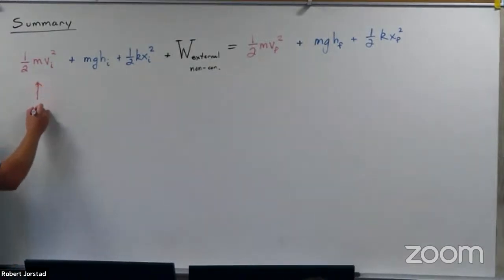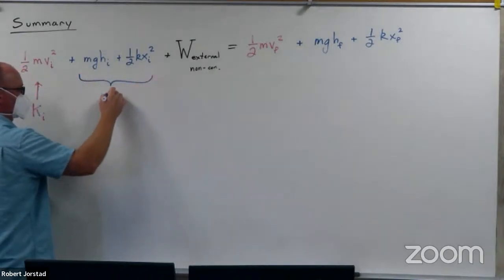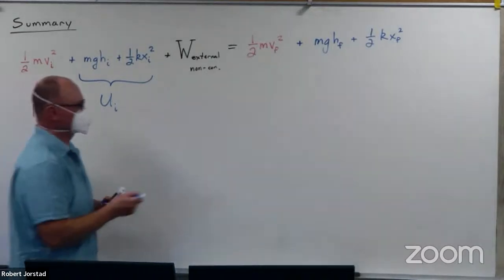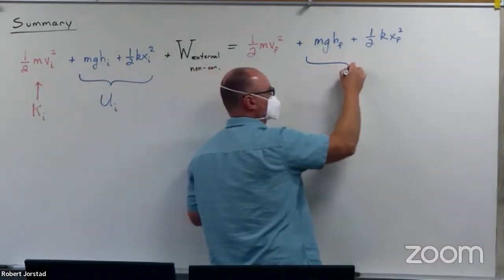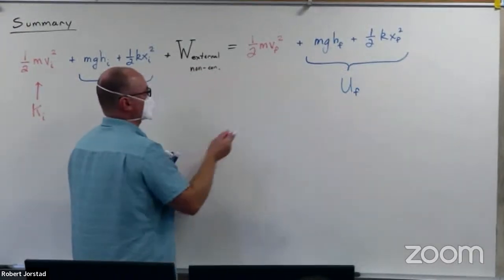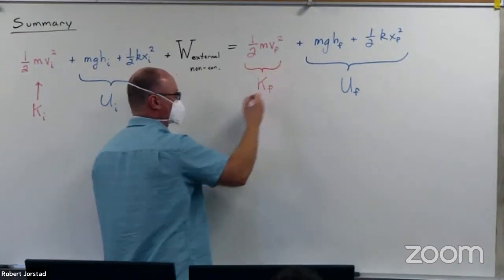This is the initial kinetic energy. These two terms are going to be the initial potential energy. Similarly, we've got U final over here. That's K final.